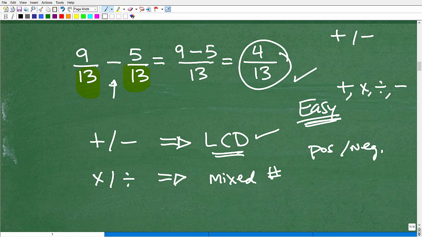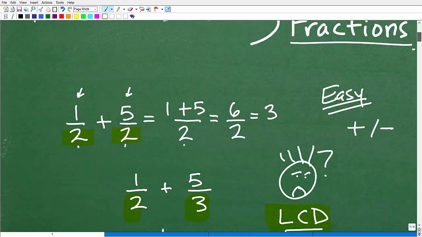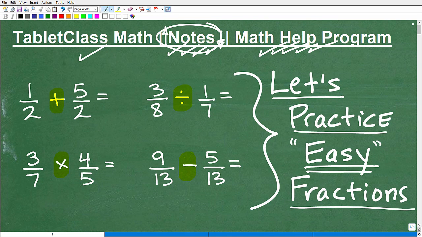But anytime you're learning something, it's always smart to start with the easy stuff. Get the basic principles down, practice that, get confidence going, and then start adding to your math toolbox, if you will. So hopefully this video was a nice little quick review for you in terms of fractions, but don't stop there. Continue to build your fraction knowledge.